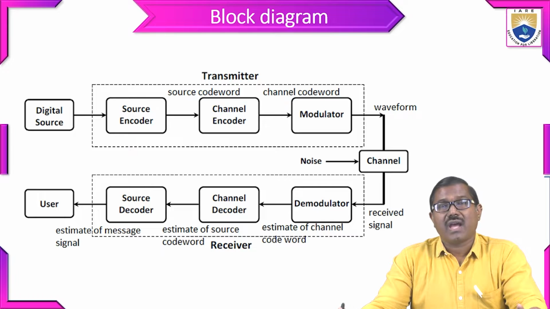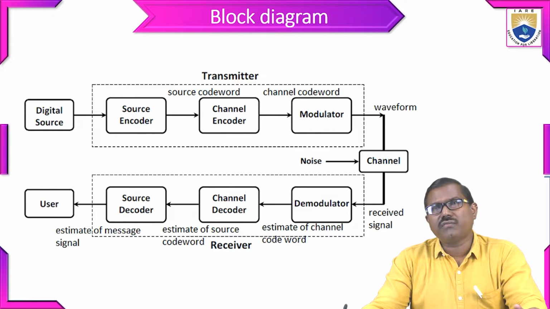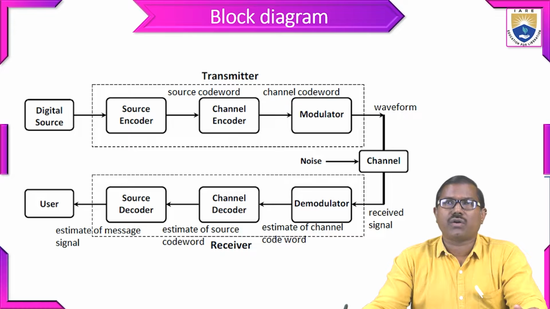Next, the source code word is applied to the channel encoder. The channel encoder's duty is adding some parity bits to the original source code word, and the output of the channel encoder we call the channel code word.